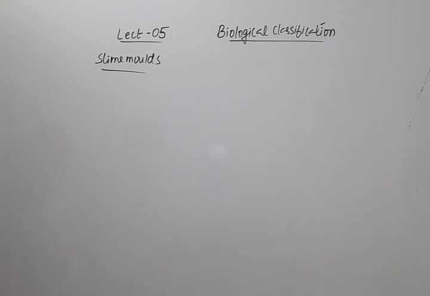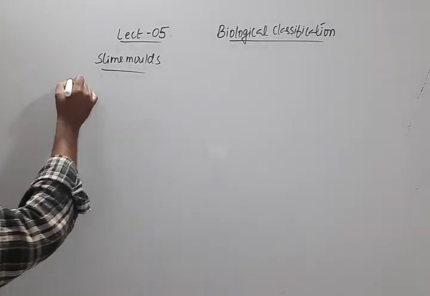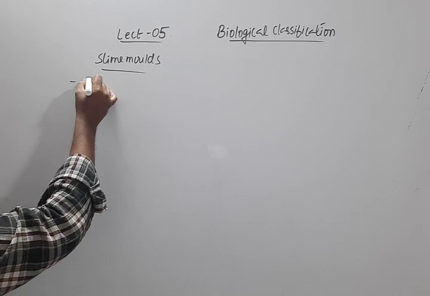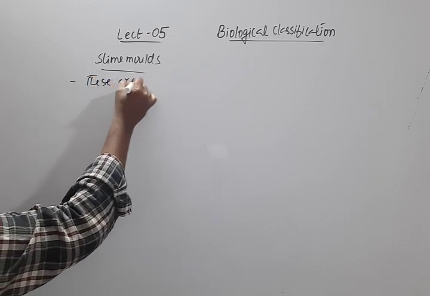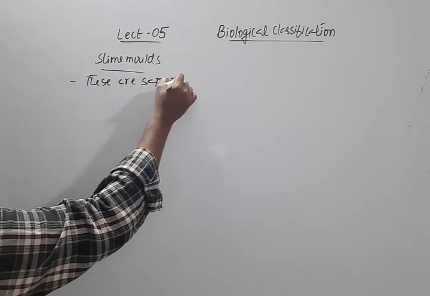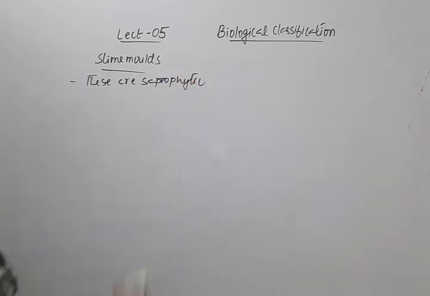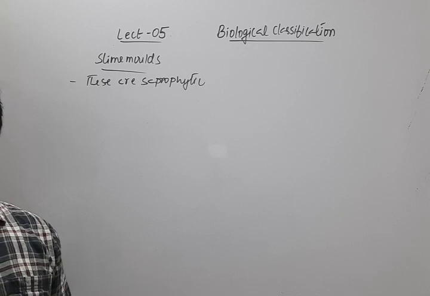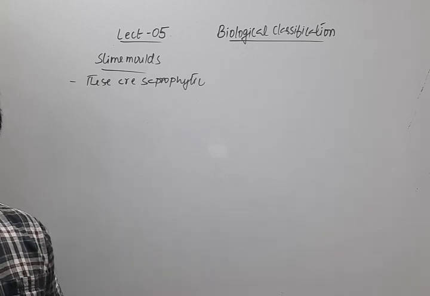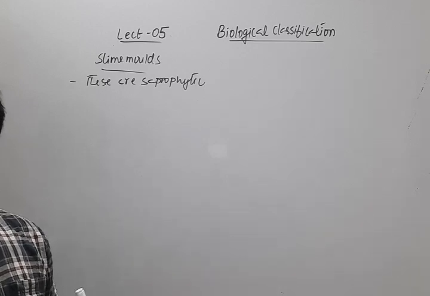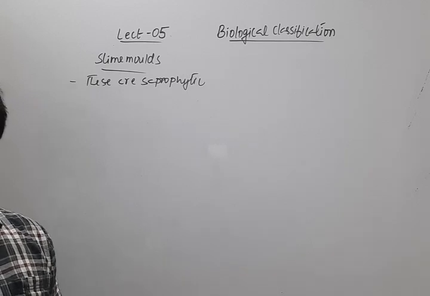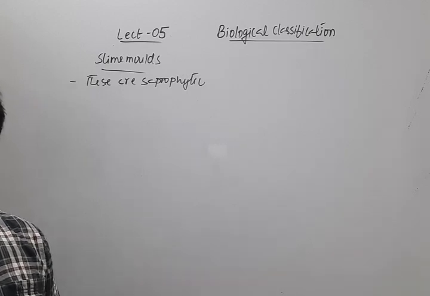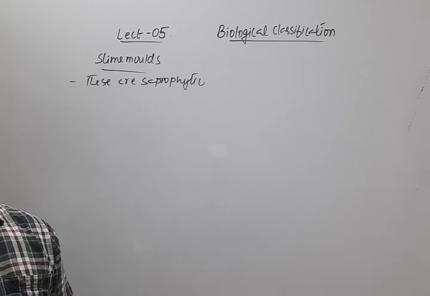Okay, so these slime mounds are saprophytic, which we already know what we mean by. They release digestive enzymes onto the food substance, convert that solid food into liquid food, and absorb that liquid food through the body surface.